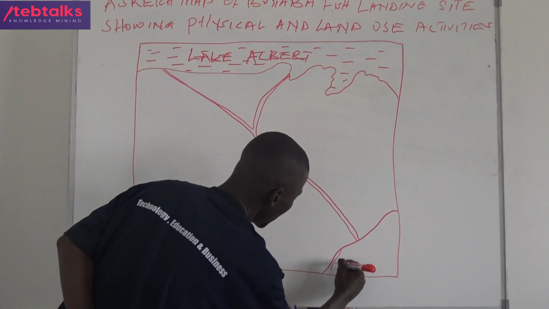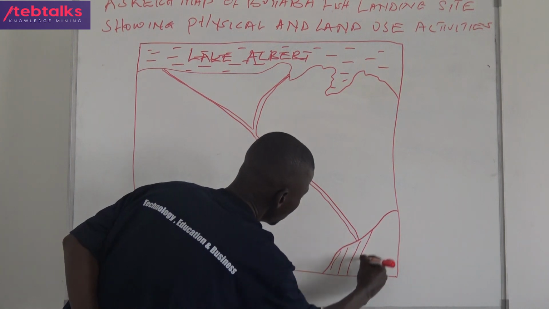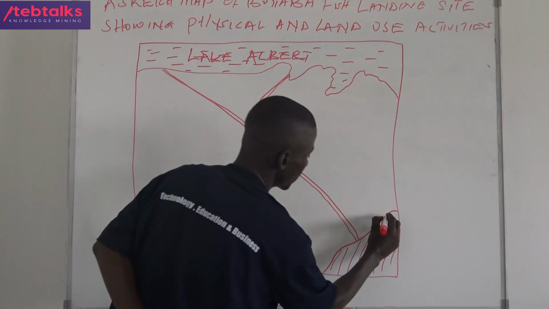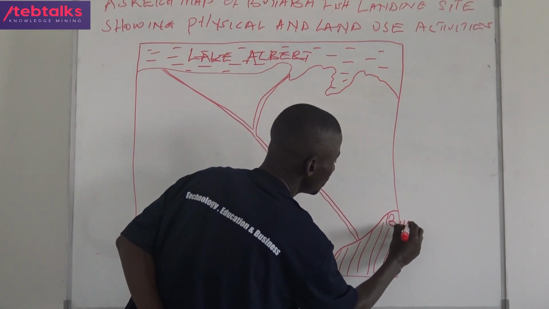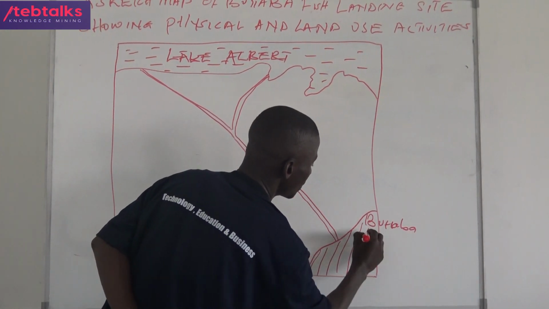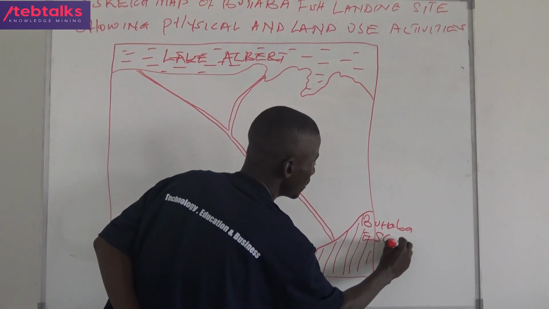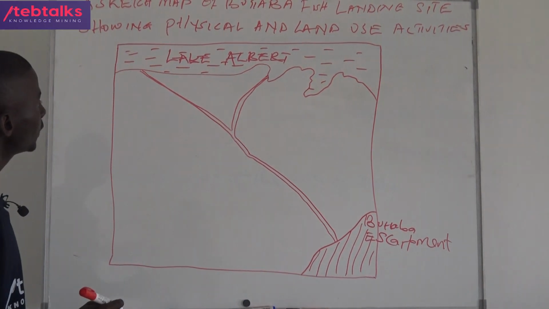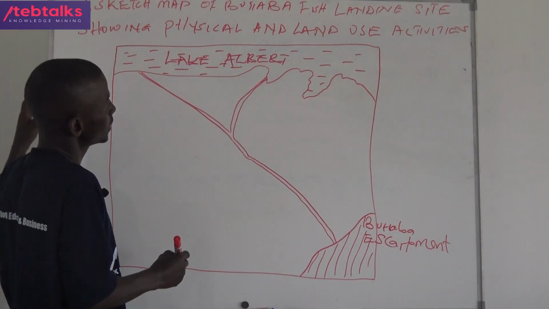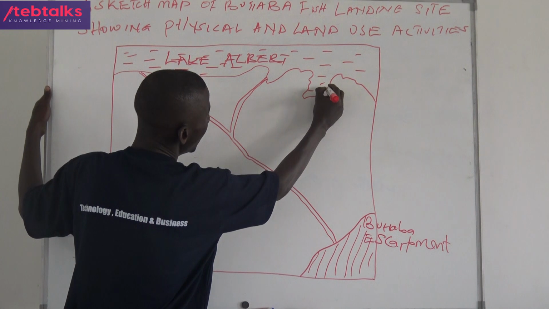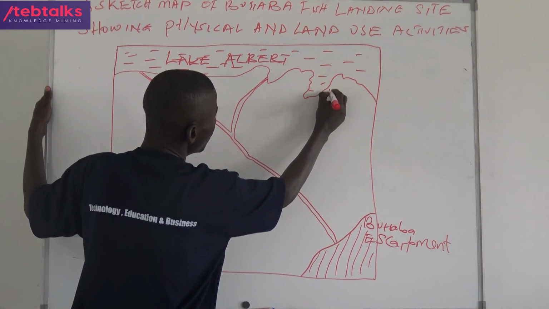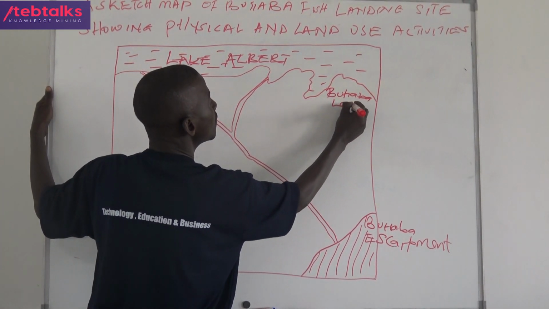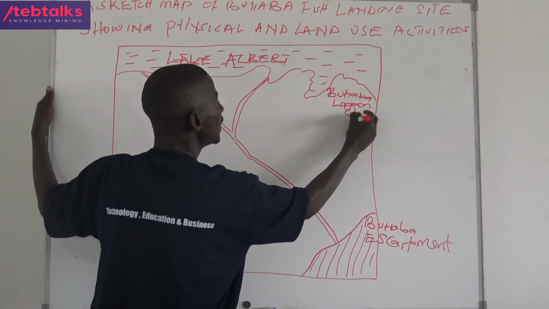Then this one we said that it is the Java escarpment, the extent of the escarpment. We use this local name. That's Java escarpment. This is Lake Albert. This one is called the Kina or Lagoon, Java Lagoon, locally known as the Kina.